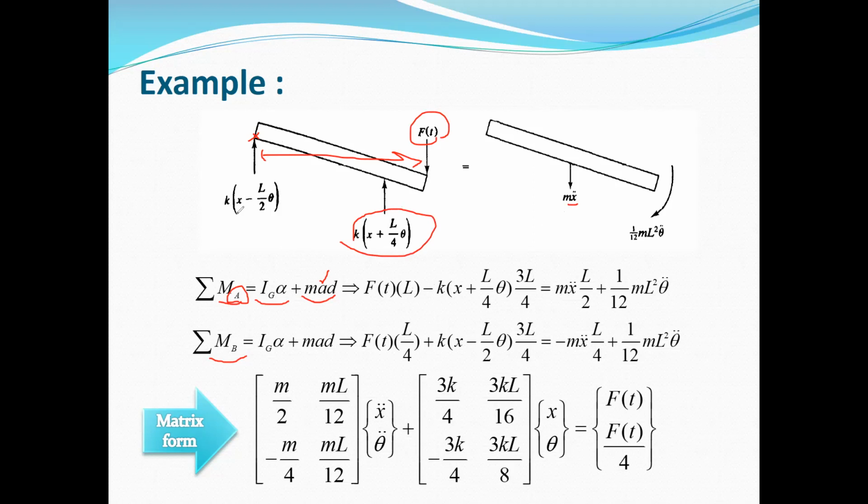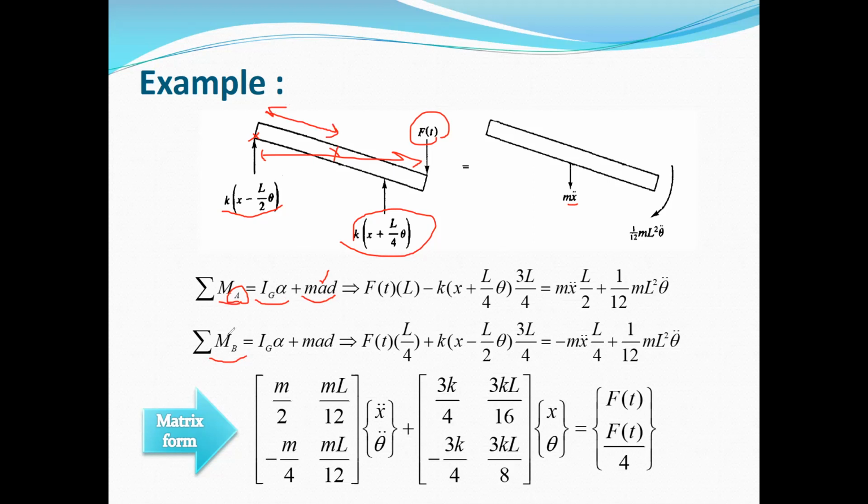And the force in spring A does not create any moment about point A, because this force passes through this point. And finally, it must be equal to Ig alpha plus MAD. And for this case, D in fact is the distance between the mass center and point A, which is equal to L over 2.